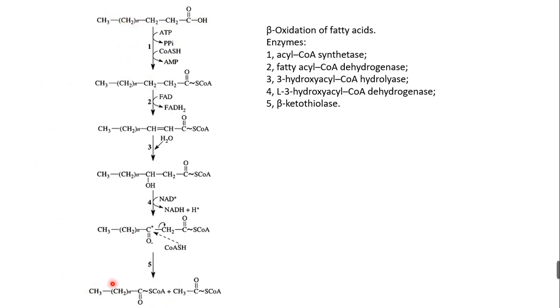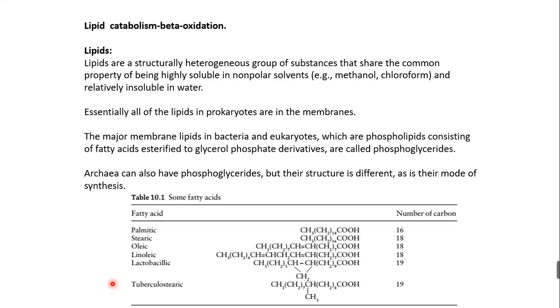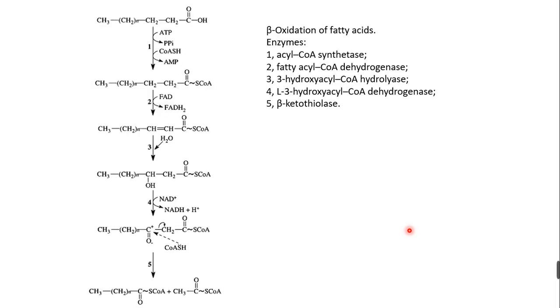For example, I'll show a fatty acid example. Palmitic acid has 16 carbons. Divided by 2, that is 8, but 7 rounds of this beta oxidation are required to remove all the two-carbon units as acetyl coenzyme A. Actually it has to go 7 times to liberate 8 molecules of acetyl coenzyme A. So this is beta oxidation, and this is a very important topic from the examination point of view.